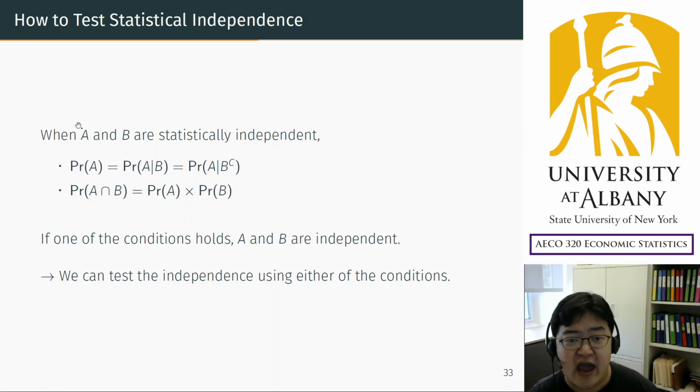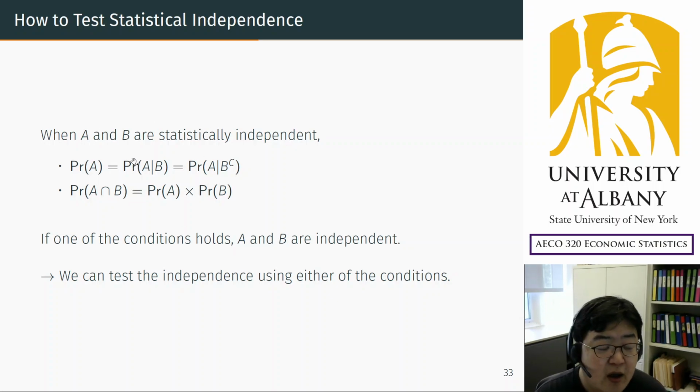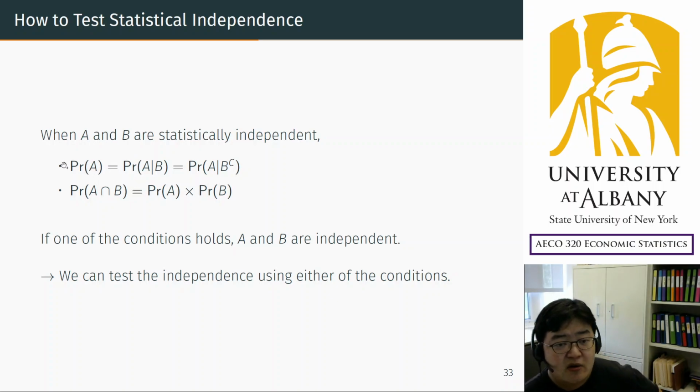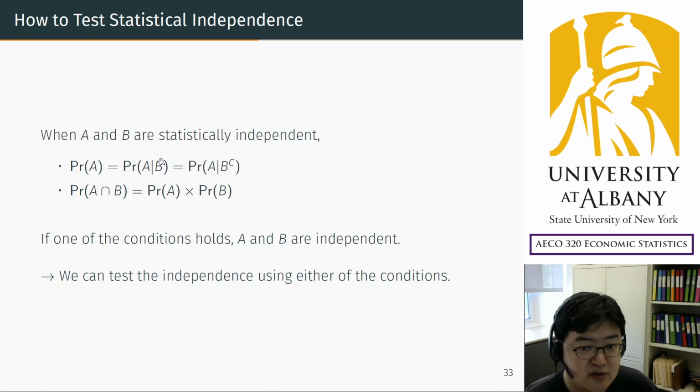To answer whether A and B are independent or not, there are two different ways, because independence implies these two results. One is that the unconditional probability and conditional probabilities are the same, no matter what happened to B. That's one result we can use to check independence.